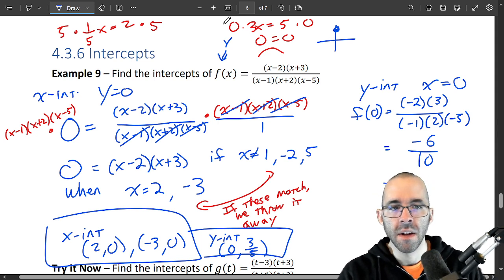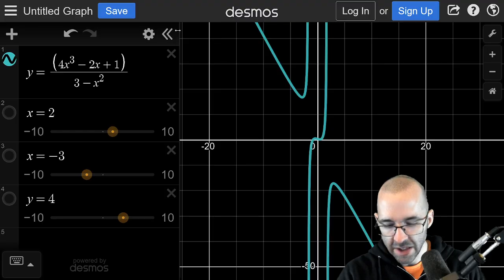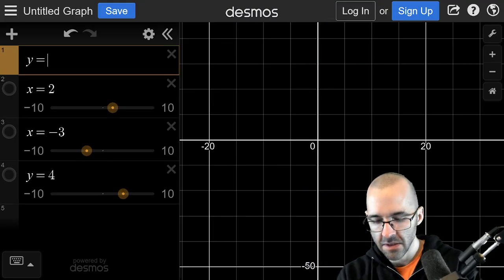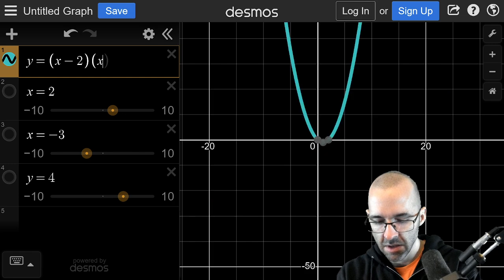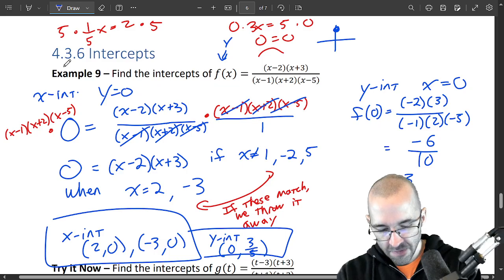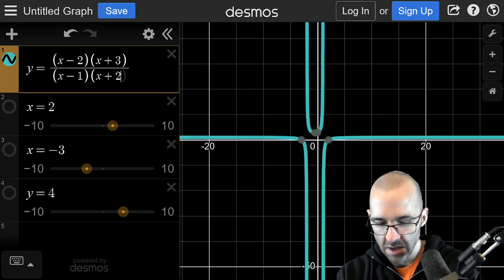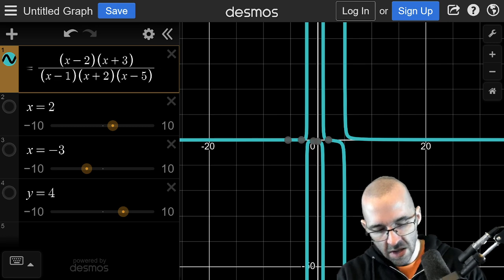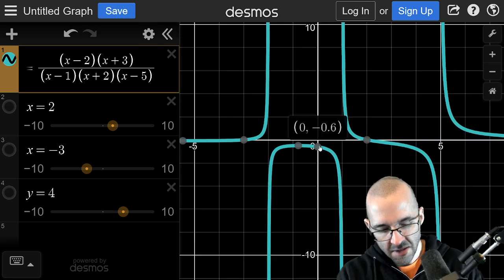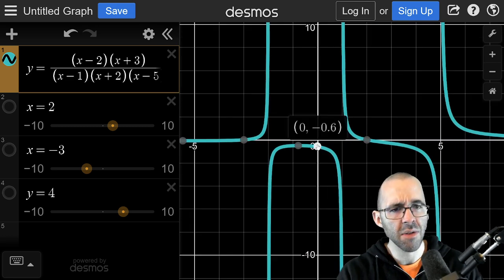x minus 2, x plus 3, divided by x minus 1, x plus 2, x minus 5. Do these have the right intercepts? Is that negative 3/5?